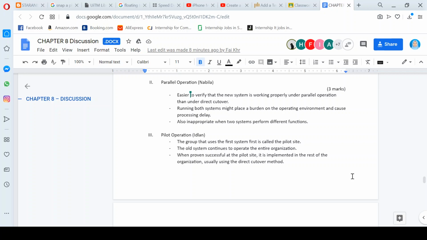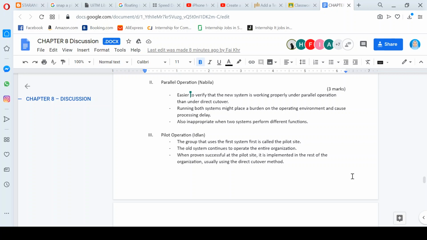Okay, old system tu adalah Island lama. Dan new system tu adalah new feature. So pilot site adalah new feature kan? New feature tu adalah new system. Island tu adalah old system. Okay, pilot site yang tengah-tengah tu. Okay, continue. Kamu punya description tadi.